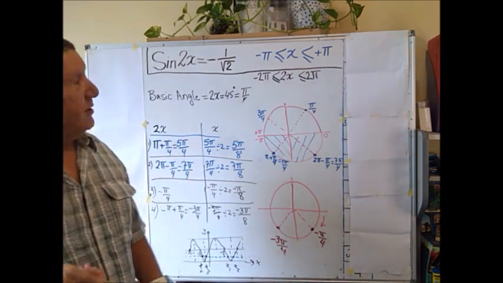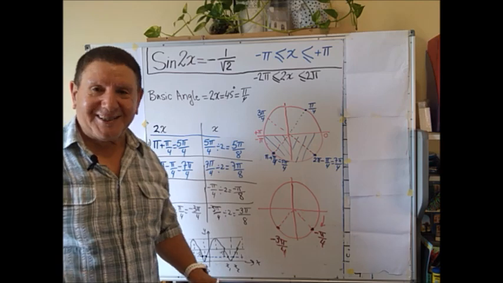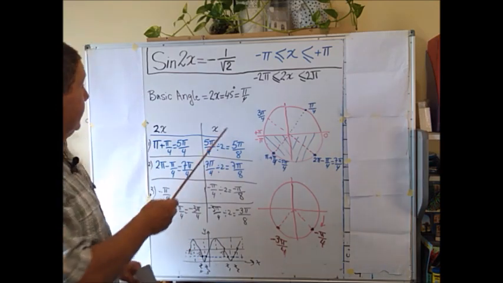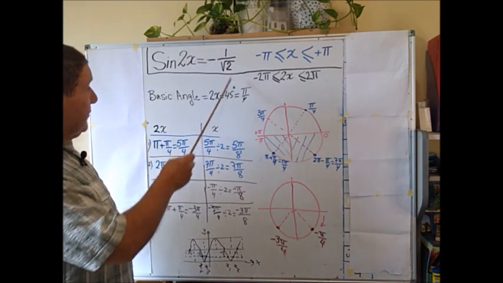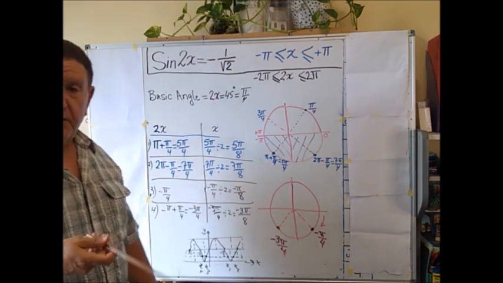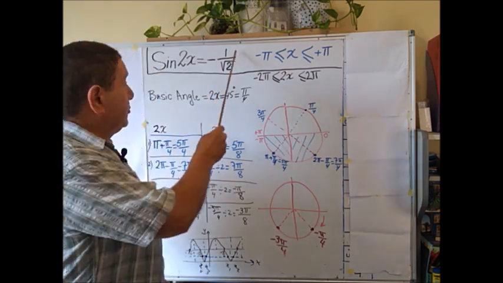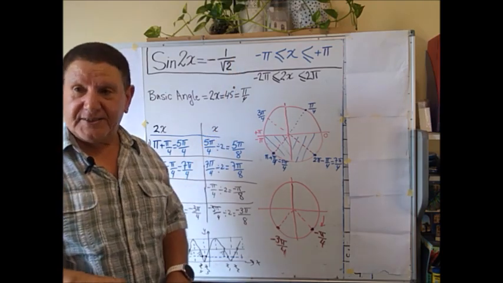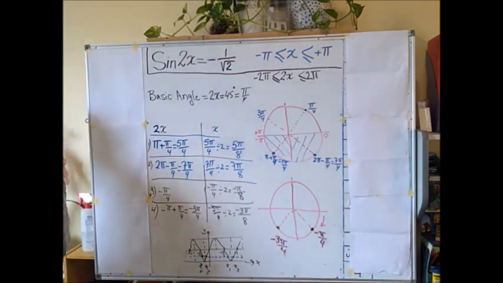From your knowledge, it should be 45 degrees. Sometimes they say root 2 over 2. If you rationalize, that is the same.